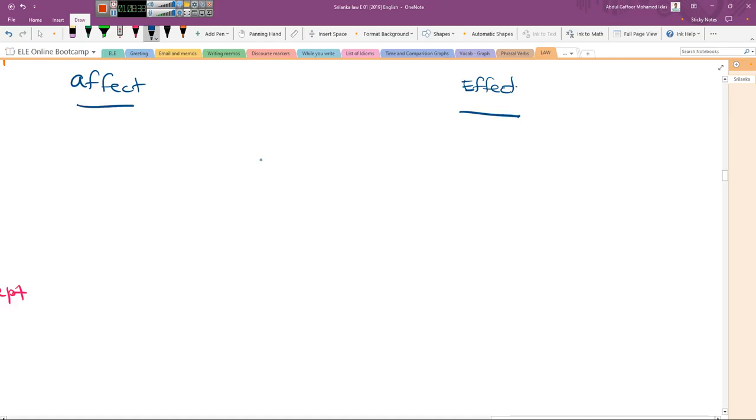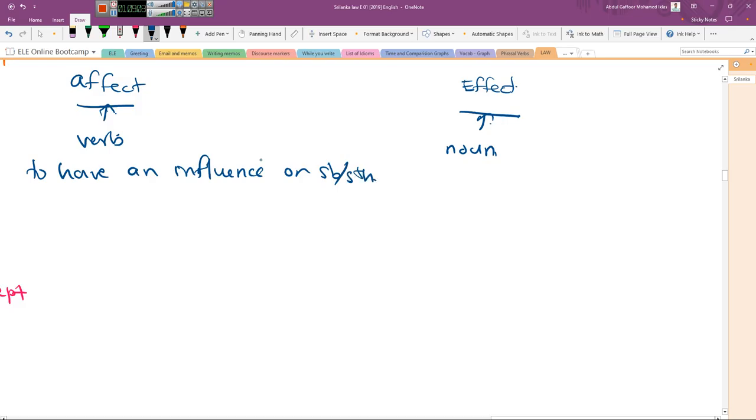Affect is a verb, effect is a noun, right? So now we have the difference. Affect means to have an influence on somebody or something. For example, does television affect children's behavior, right?